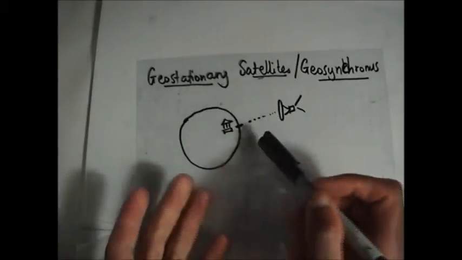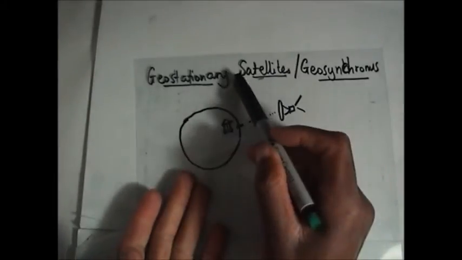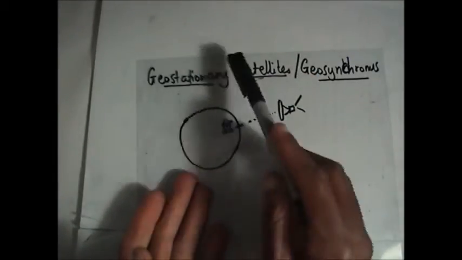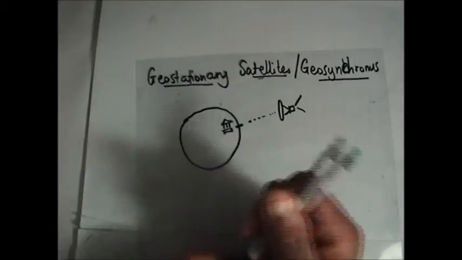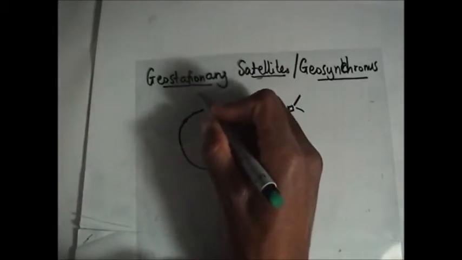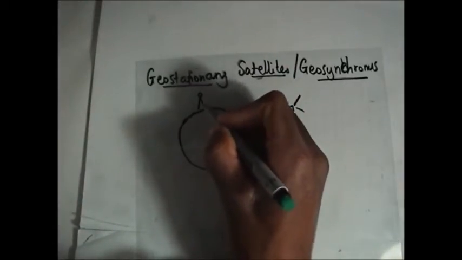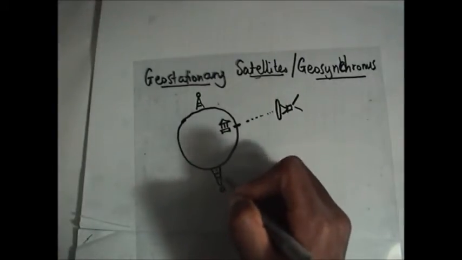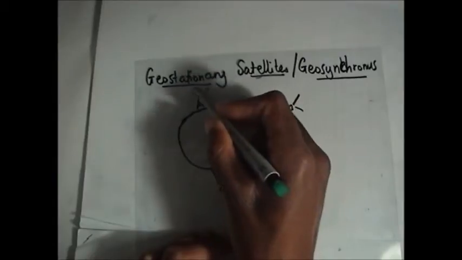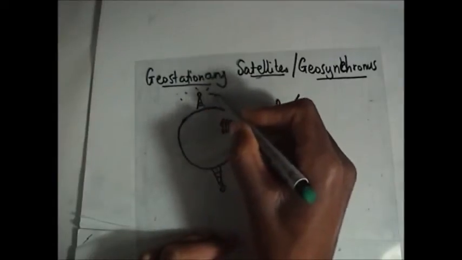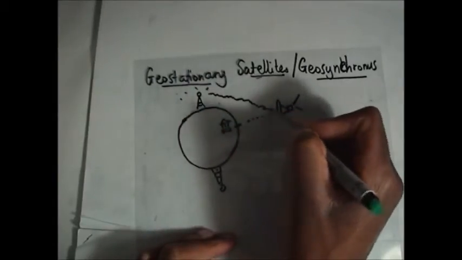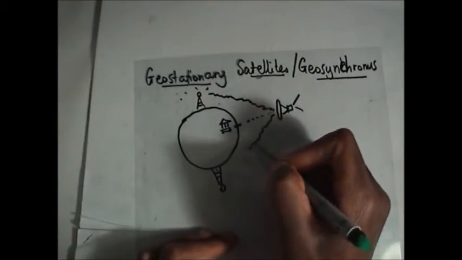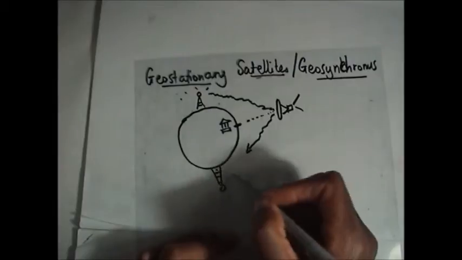It makes sense because otherwise, if this satellite was moving faster than the Earth, maybe it's here. The signals would not go to the same place, because imagine we had a tower here and another tower here, the receiver at this point. If this receiver sends out signals, it will send signals to this satellite expecting it to be there, and then this satellite will send out signals to your home here.